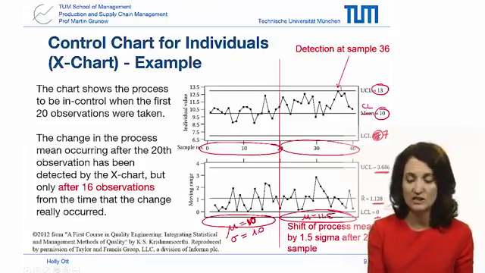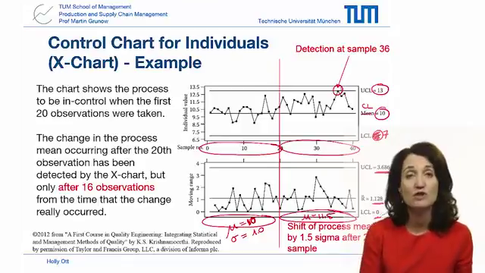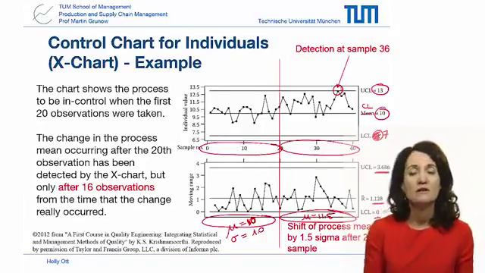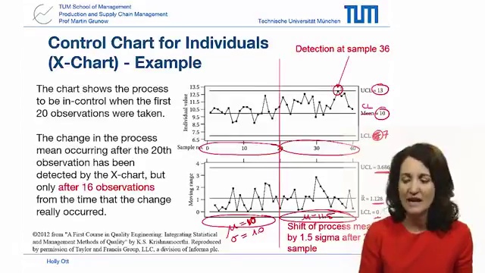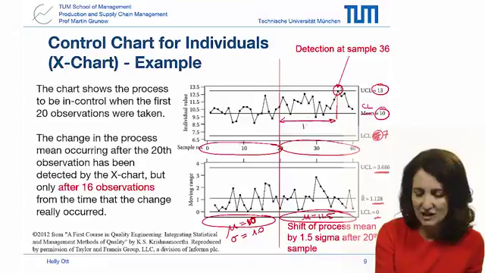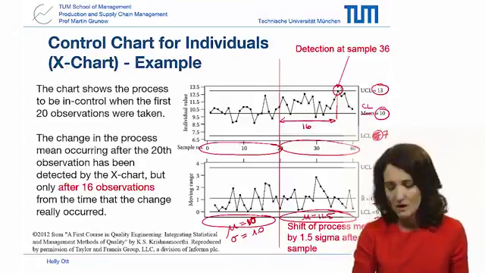There's been no change in the sigma. And what we see is that this starts to go out of control at sample 36. It's actually kind of borderline, but you could say that you're detecting something at sample 36, which is 16 observations from the time that the change occurred.